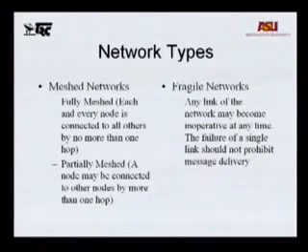The failure of a single link should not prohibit the message delivery. Now, this sort of network is getting close to what is known as the ad hoc network routing protocol, except these nodes could be portable, but they're not mobile. You could be porting them to an information booth, but we're not talking about these things riding around in trucks and things of that sort. So it's a very fragile network.